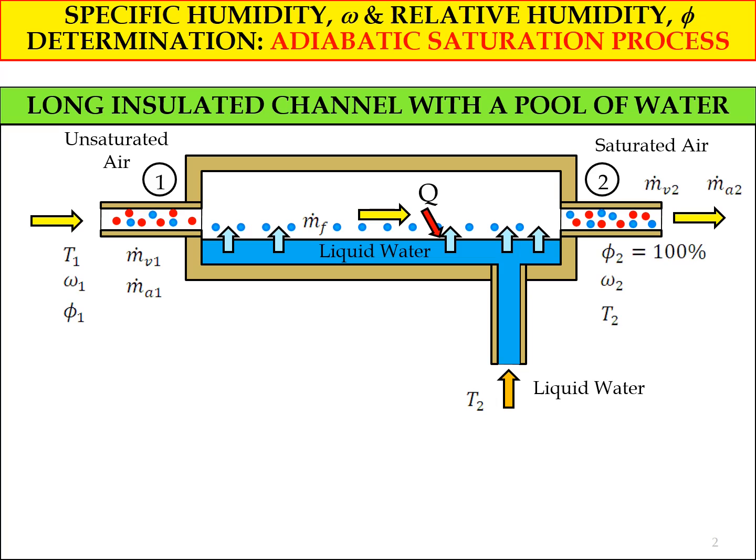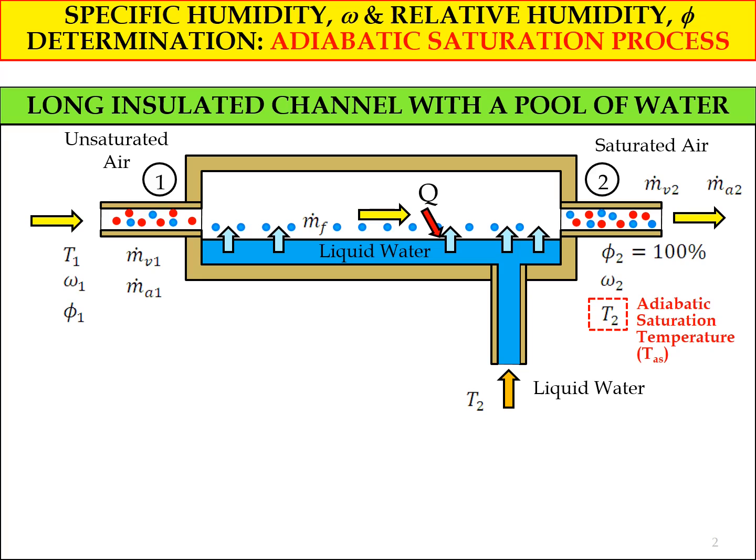At the outlet of the channel, in terms of parameters, we have mv2 dot, representing the mass flow rate of the water vapor, and ma2 dot, the mass flow rate of dry air at the outlet. Because the condition is saturated air, the relative humidity psi 2 is equal to 100%. We also have the value for omega 2, the specific humidity at the outlet, and also T2, the temperature of the air at the outlet.